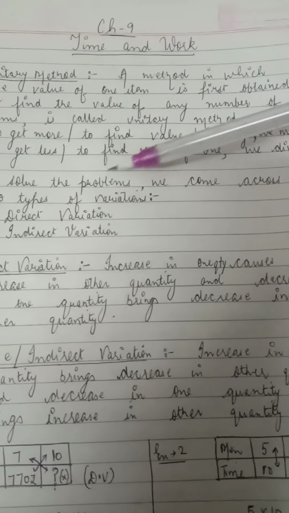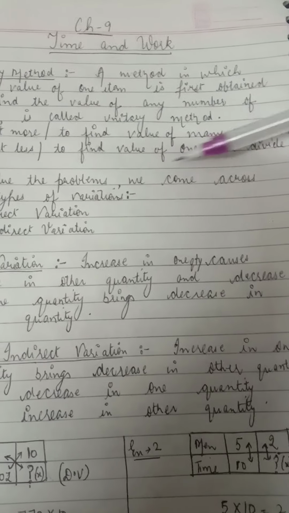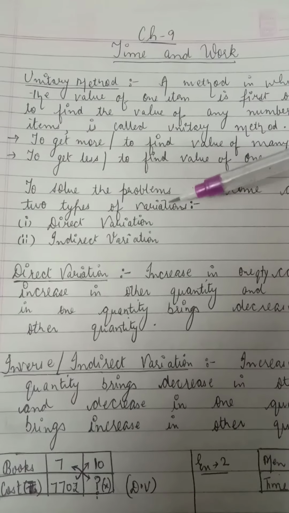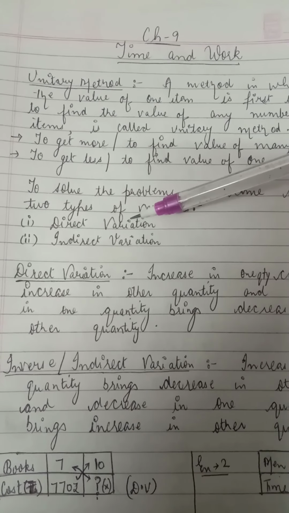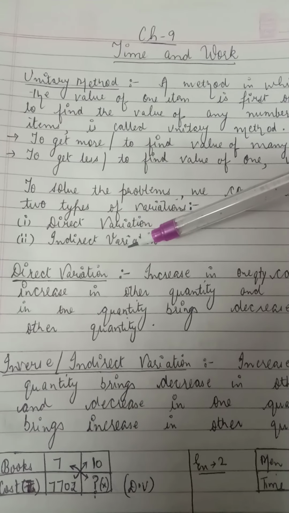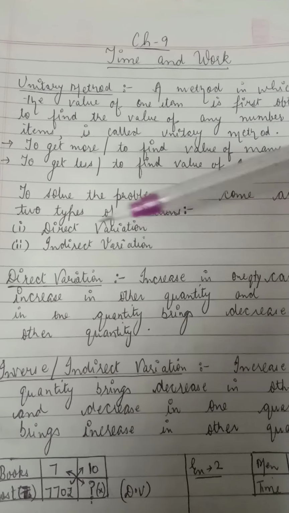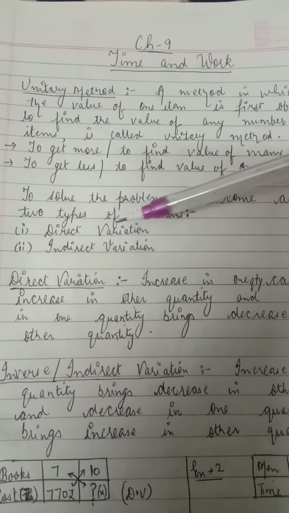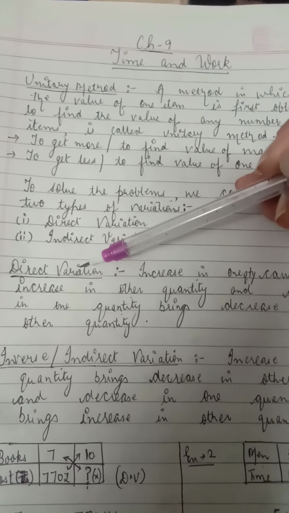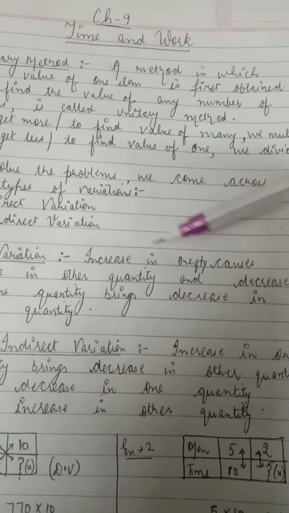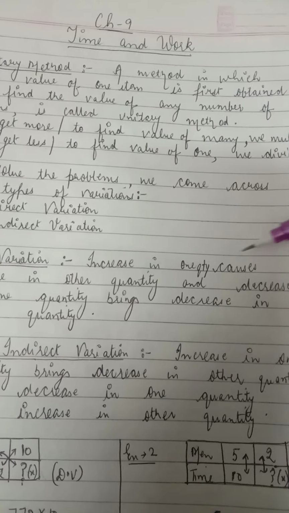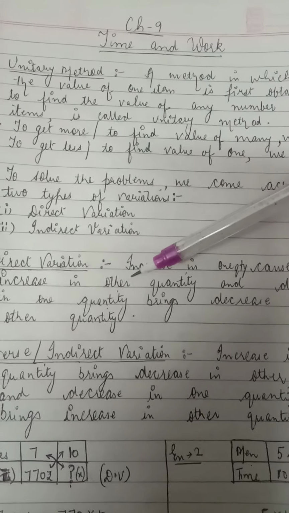Now, when we are going to solve the problems of unitary method, we'll come across two types of variations, that is direct variation and indirect variation. Indirect variation is also called inverse variation. Direct variation means increase in one quantity causes increase in the other quantity.